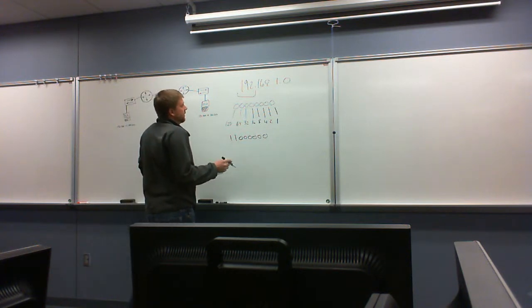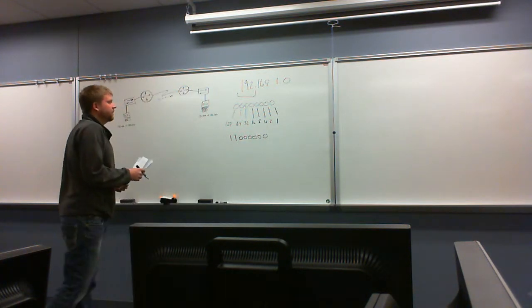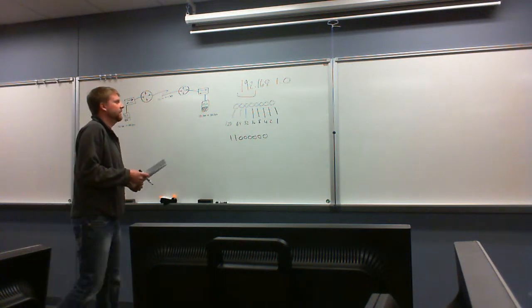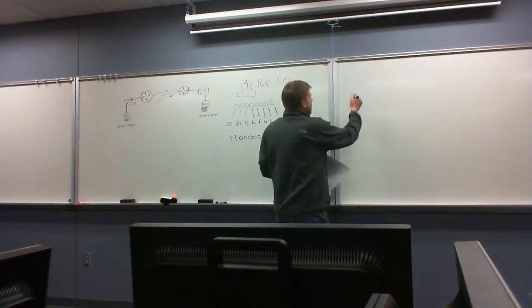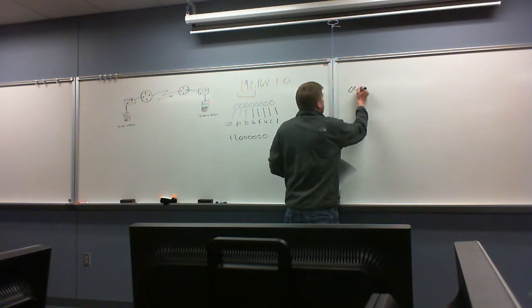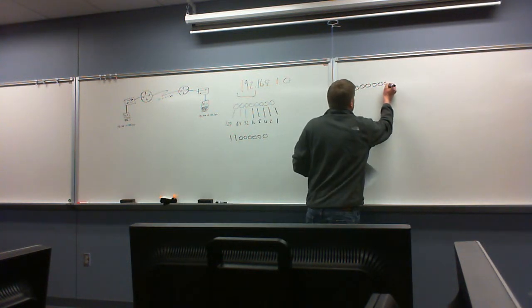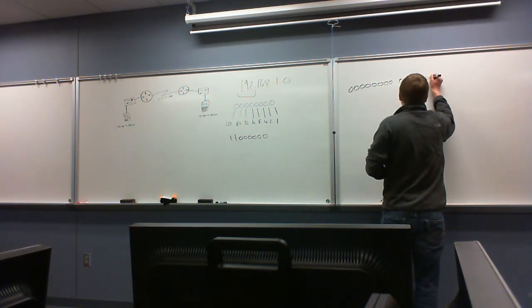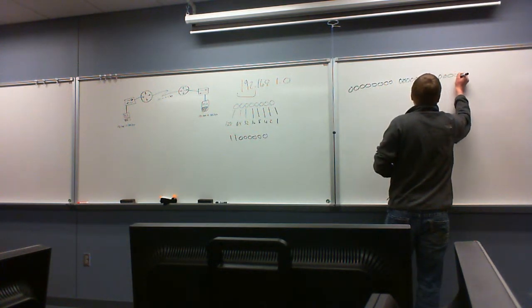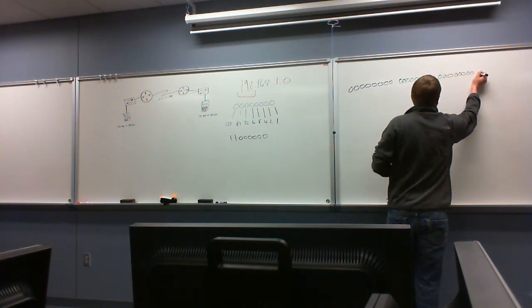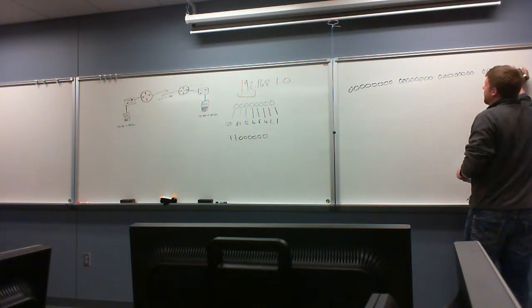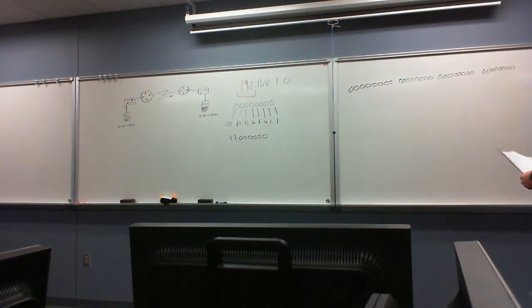The next thing to understand in IP addressing is you have network bits and host bits. So that's a whole IP address, 4 octets, 8 bits per octet.